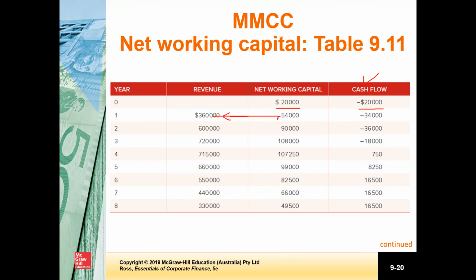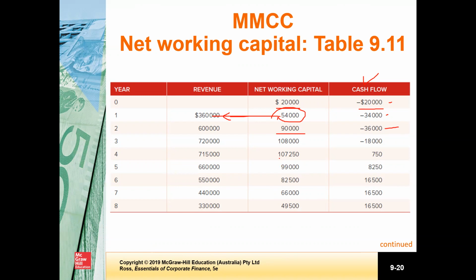So that should be your net working capital. But you have already invested 20,000, so the remaining is your cash outflow in the first year. Then next year, your requirement is 90,000. So you already have 34,000 invested. So the remaining is your cash outflow. This is how you calculate.